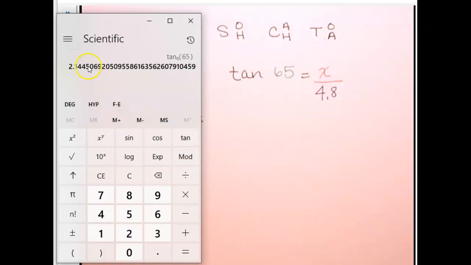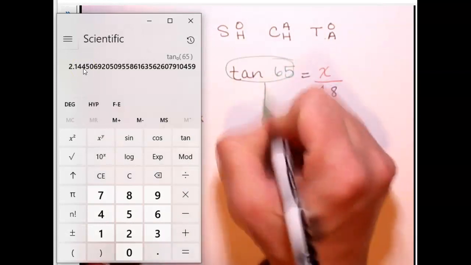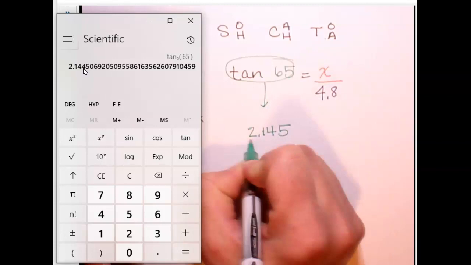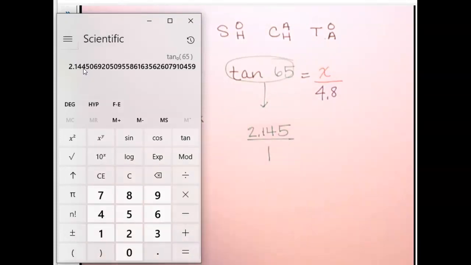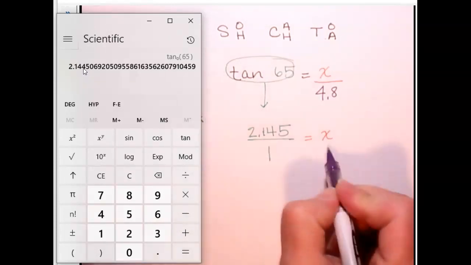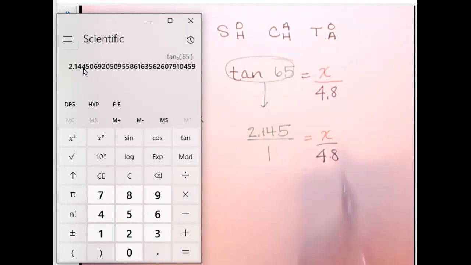So 65 tangent is that 2.1445, and that 5 is going to bump this 4 up 1, so 2.145. So this right here, 2.145, and again, I'm going to treat this like a proportion, so we're going to put it over 1. And then over here we have x and 4.8.